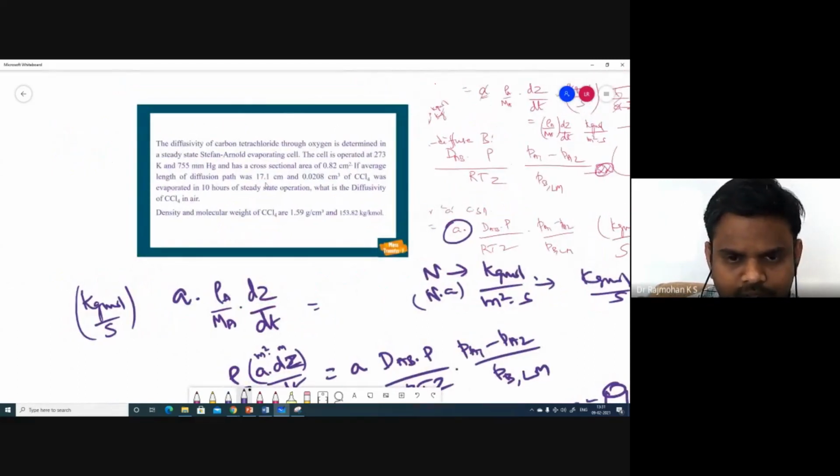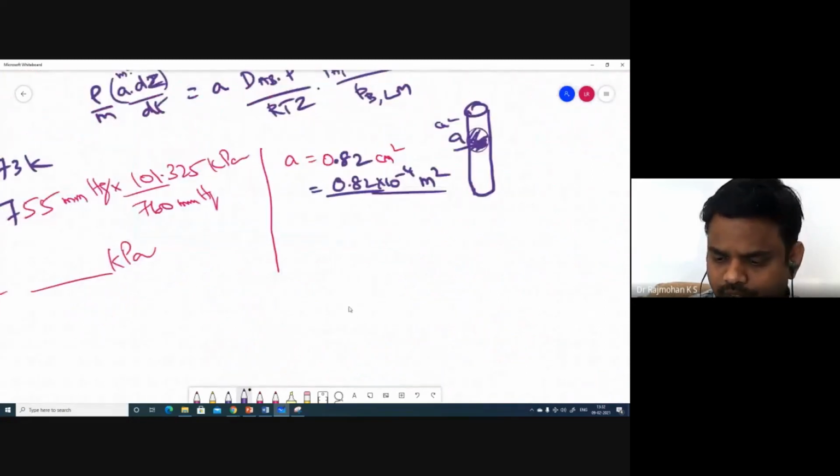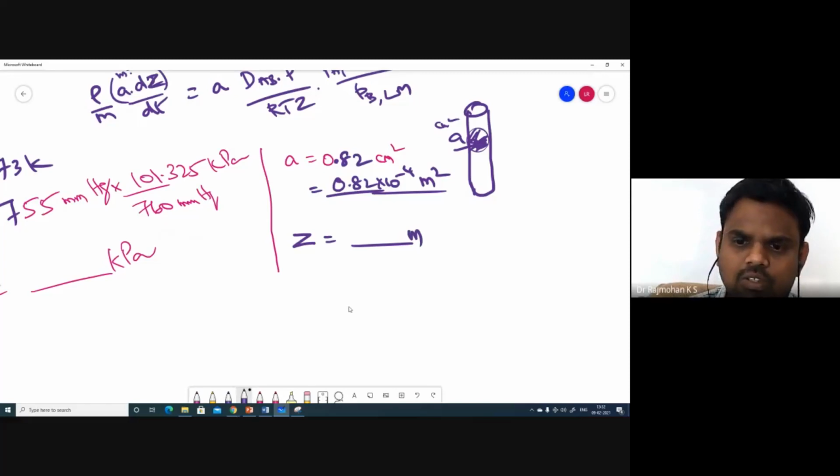Average length of the diffusion path was 17.1 centimeters, and 0.0208 centimeter cube evaporated. So that is the Z value given. Average diffusion path is given as this much meters.